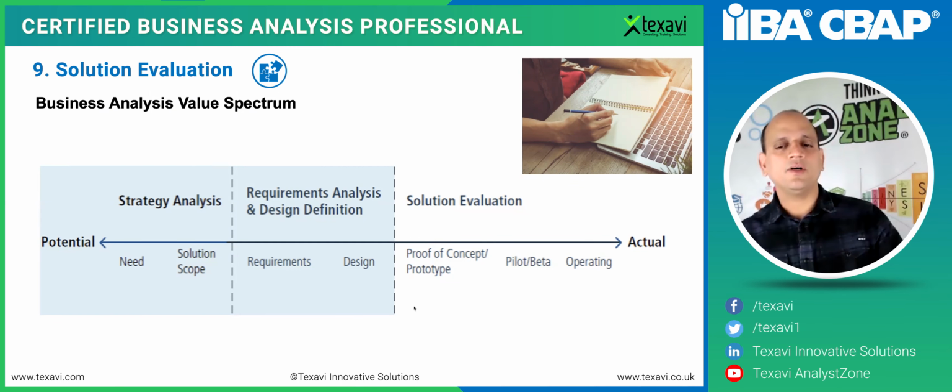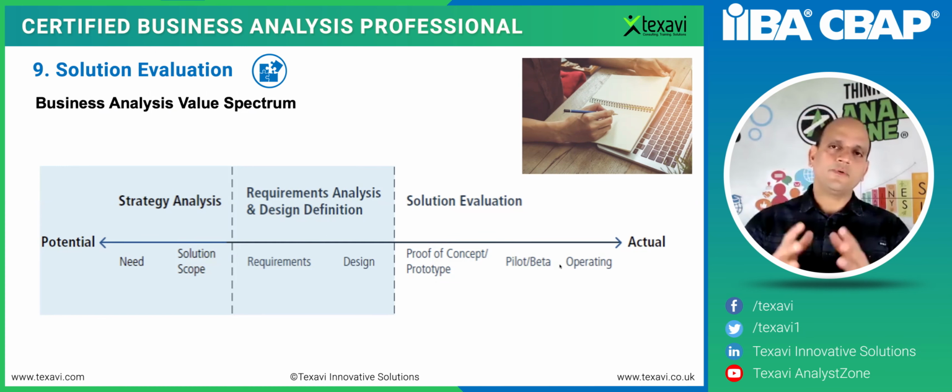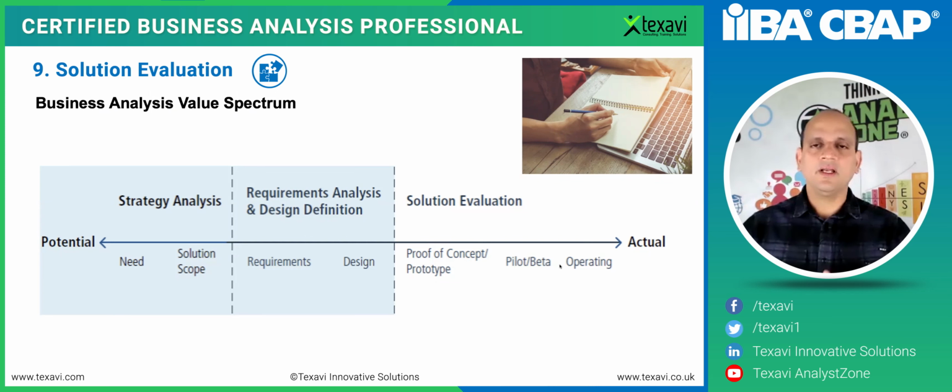Then you create your proof of concept or prototype based on that design option, pilot it, and release it as a beta. Then it goes into the operating mode, the production or live environment, and that's the actual.